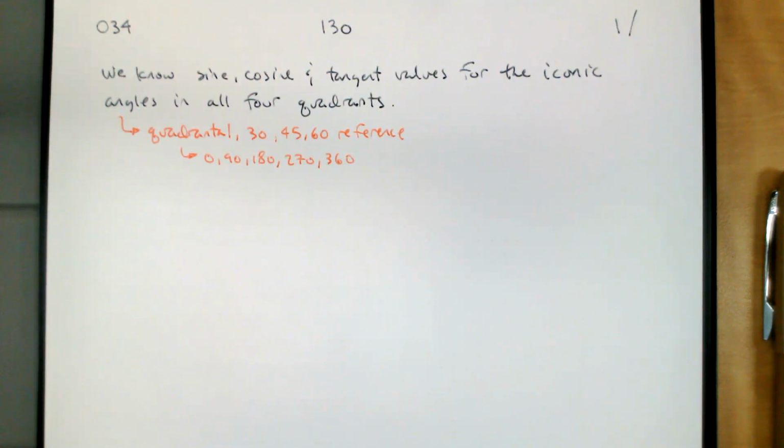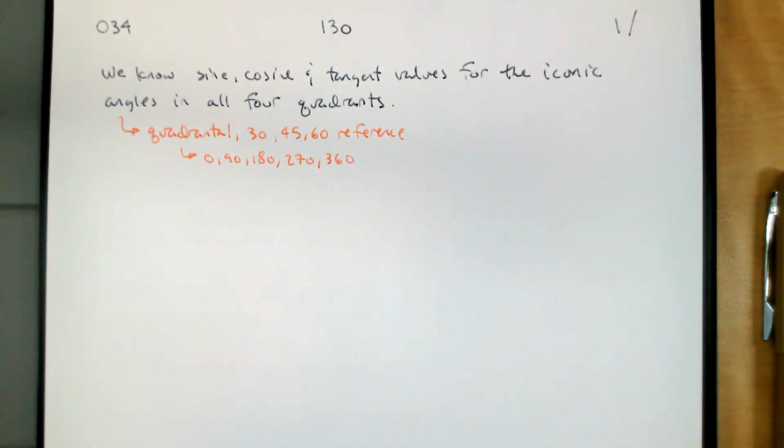Quadrant 3 starts off at 180, goes to 210, to 225, to 240, down to 270 at the bottom. And then quadrant 4 goes from 270 to 300 to 315, 330, back up to 360.